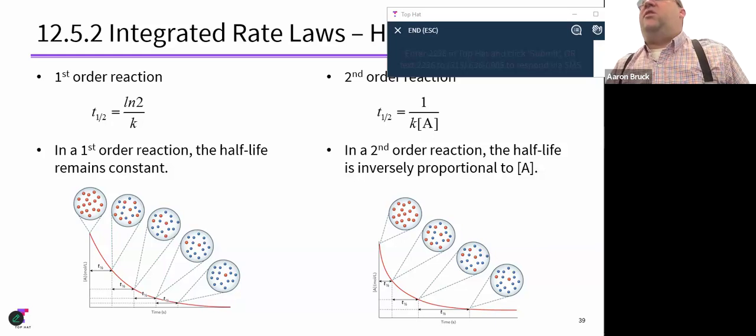Where this is in particular really useful is for things like radiometric dating. If you've heard of carbon dating or any other kind of isotopic dating, one of the reasons it's a reliable method is because I don't need to know how much carbon was in the initial sample.